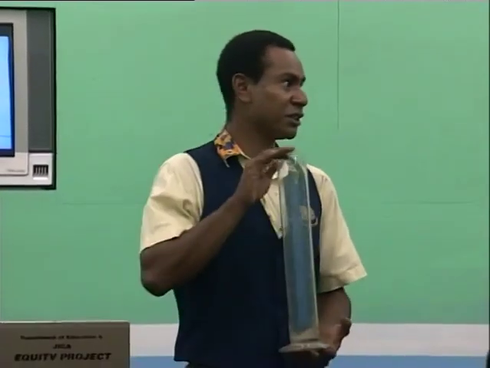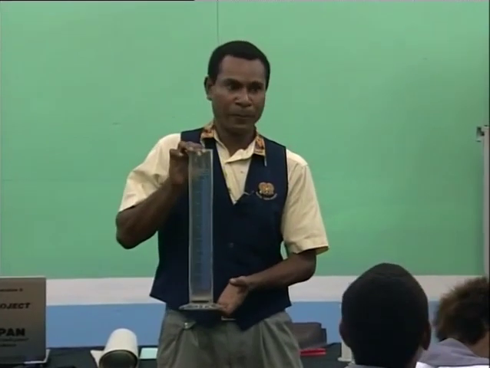Our fourth one, the last picture, is what is it? A measuring cylinder. Of course, it is a cylinder. It is a measuring cylinder.